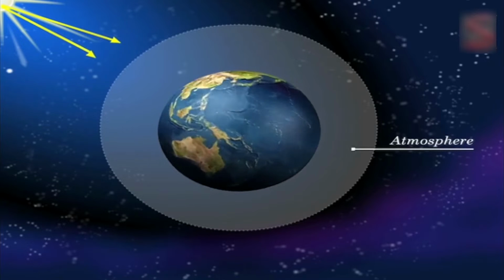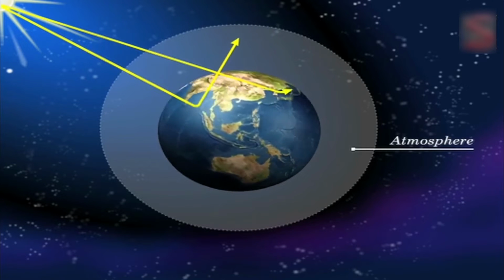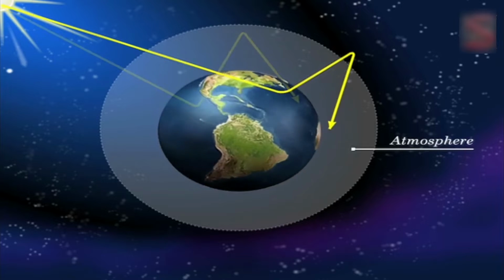Students, it is the atmosphere that gives the heat. Otherwise, the Earth would have been very cold. But what we can see from the 19th century is the rapid warming up of the planet. This has become a matter of concern for everybody.